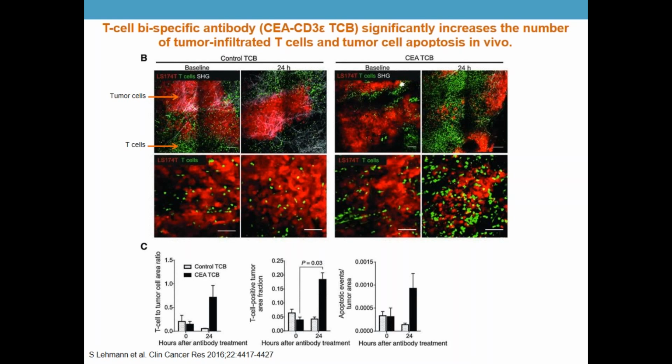What percent of the cells you're looking at are T cells. But when you look at 24 hours later, you can see that a non-specific antibody is really doing nothing, whereas with the specific antibody, you're getting this huge increase of T cells directed against tumor cells.